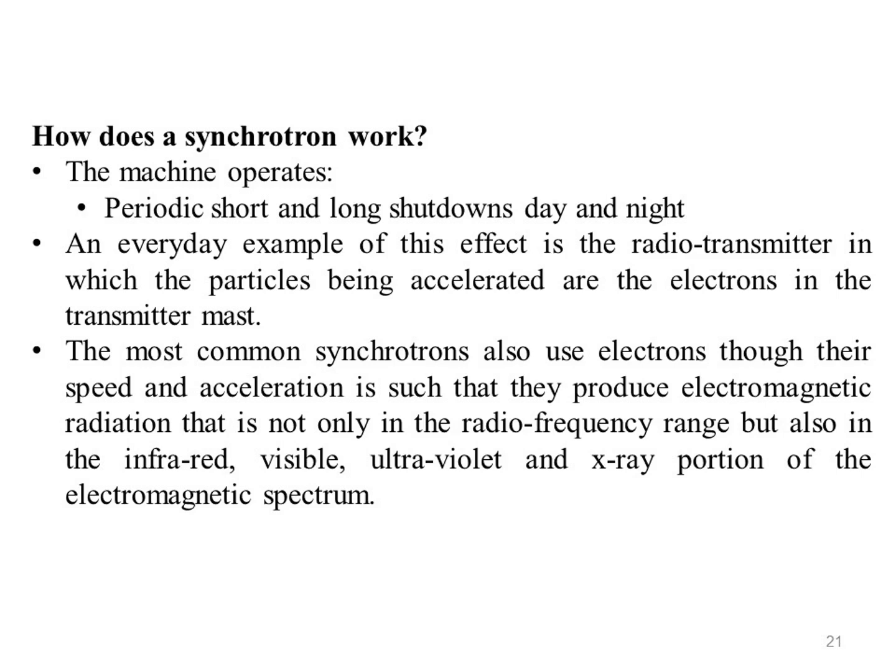The most common synchrotrons also use electrons, and their speed and acceleration is such that they produce electromagnetic radiation that is not only in the radio frequency range but also in the infrared, visible, ultraviolet and X-ray portion of the electromagnetic spectrum.